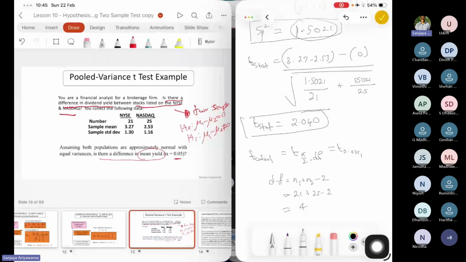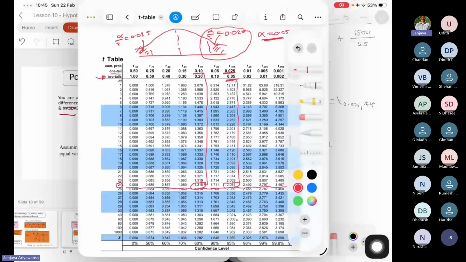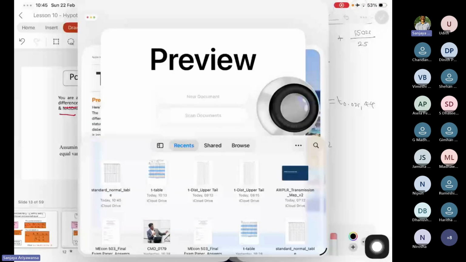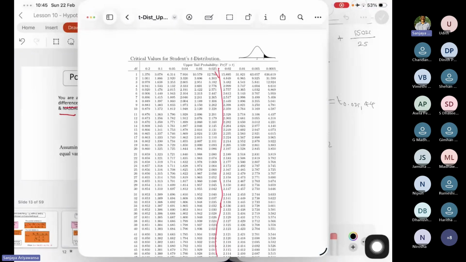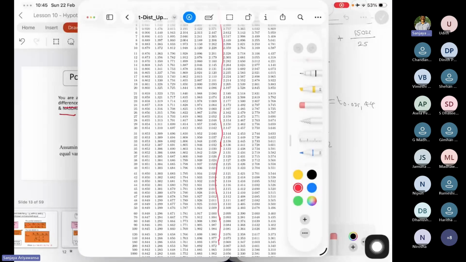So I have to find t 0.025 comma 44, which is given in this particular table, the t distribution table. So where is 44? Let me delete this first.